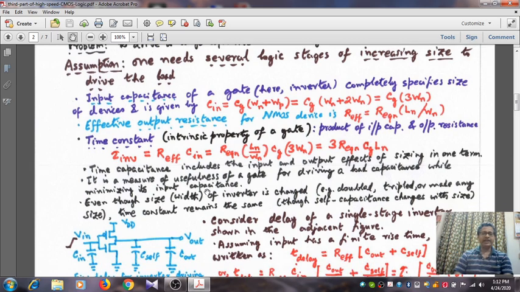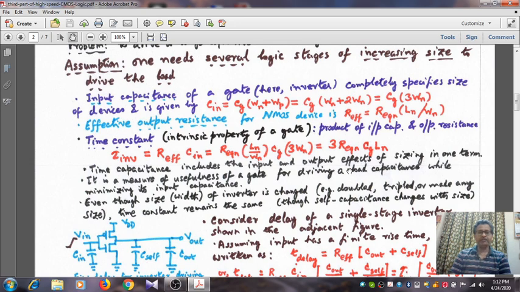Correct? Now the time constant, why is it so important? Look, the time constant is a measure of the usefulness of the gate. It tells us how effective the gate is in driving a large load capacitance while trying to minimize its own input capacitance. That means it includes the input and output effects of sizing in one single term.